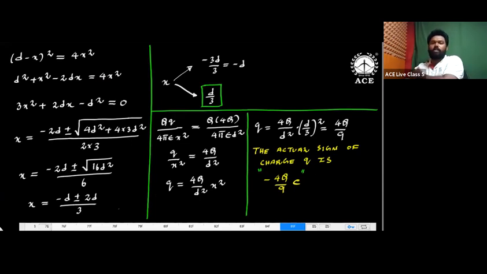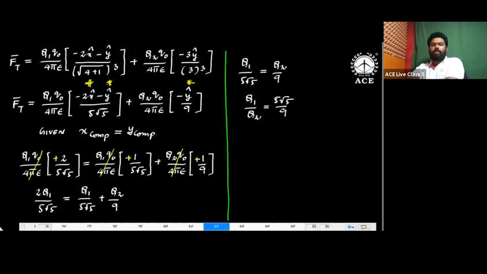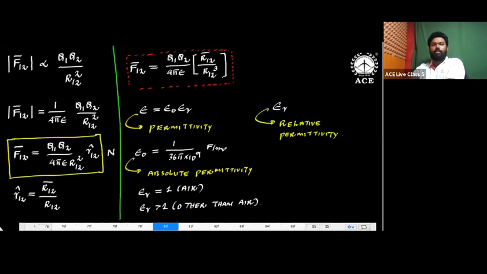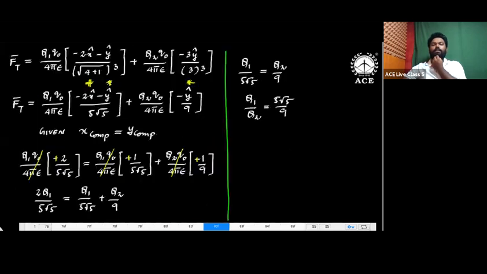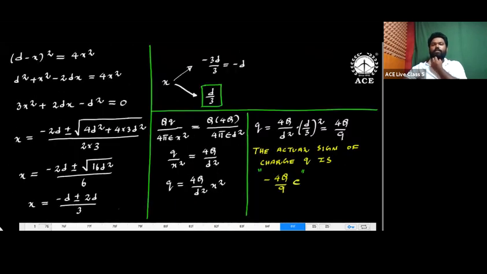So this is all about electric force, some of the questions related to the electric force. Now let us focus on what is called the electric field, because this is electromagnetic field theory. Let us try to understand what actually the field is. I'm going to turn the page here.